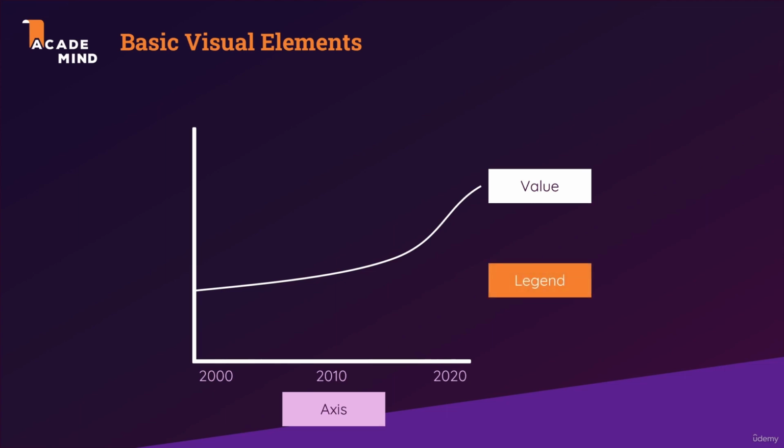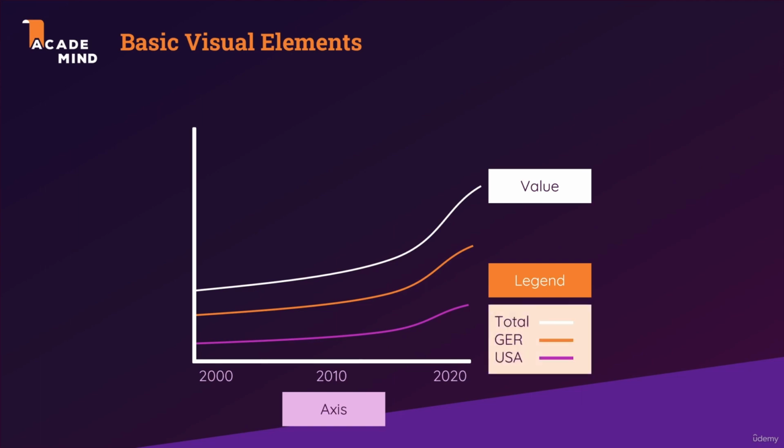The legend, in this little example, could add 2 additional lines to our line chart, and these 2 lines add up to this white line above, because in addition to the white line that contains the total population count, the orange line gives us the numbers of the German population, and the purple line gives us the numbers of the American population. These are just some example data here, of course. So this is the legend element inside a visual. It helps us to gain more insights into your data, to present the data in a more granular way.